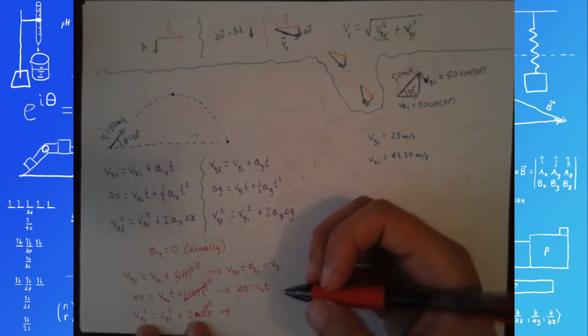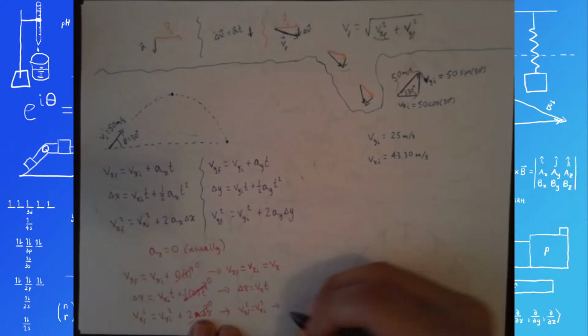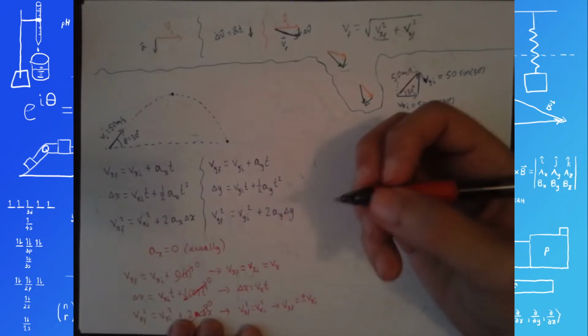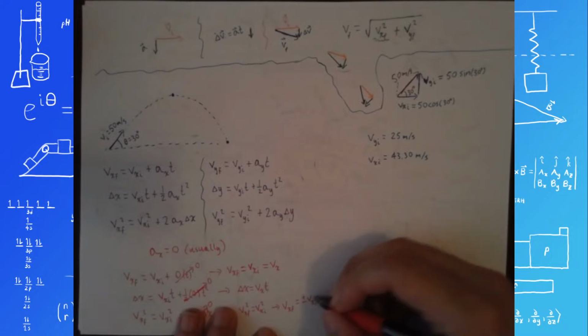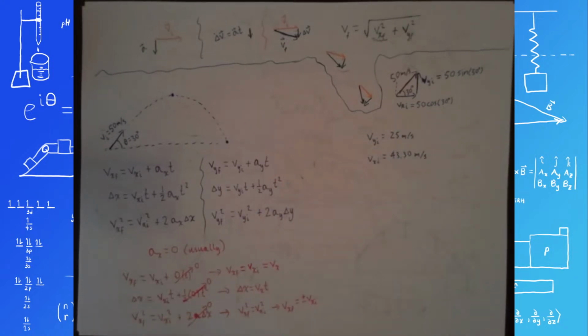And you're left with Vx final squared equals Vx initial squared. Which tells us that Vx final equals plus or minus Vx initial, but we already know from the first equation that it's not plus or minus, it's definitely plus. So this is just extra confirmation for what we learned over here.